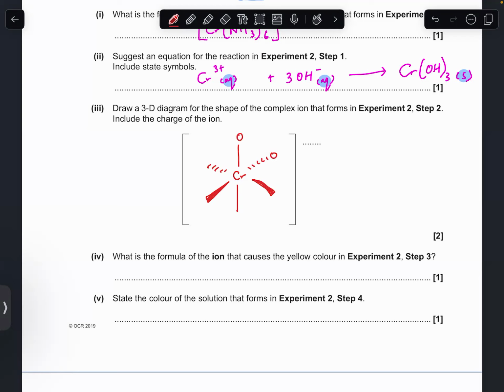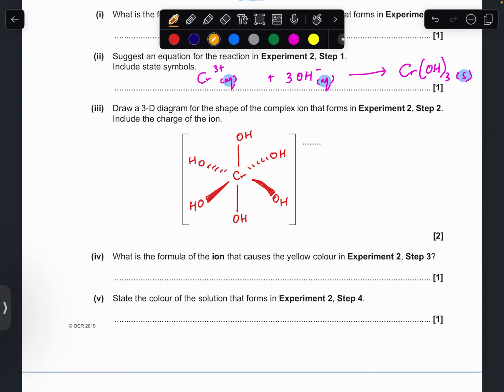Make sure each coordinate bond is to the oxygen, and then you put in the H afterwards. It's all about connections. You will lose marks if the connections are not there. It's the lone pair of electrons on the oxygen that forms the coordinate bond. Chromium is 3+, and you've got 6 hydroxide ions. So the overall charge is going to be 3-.